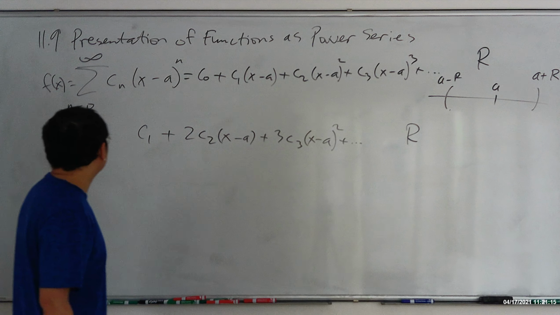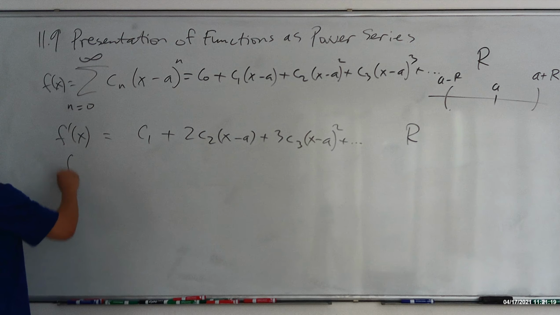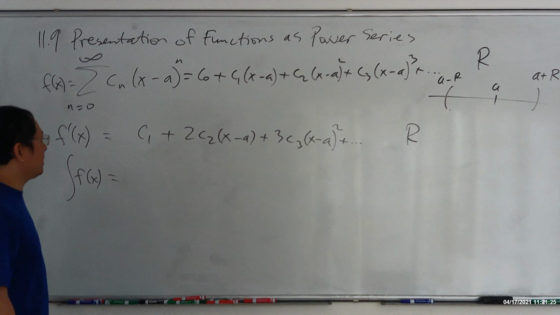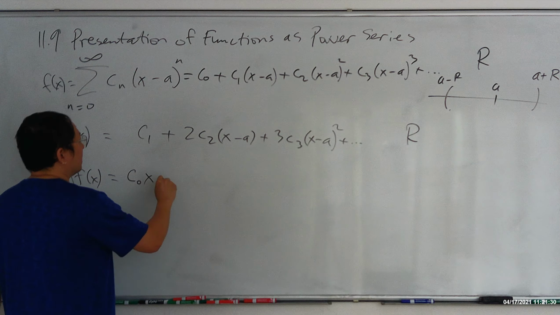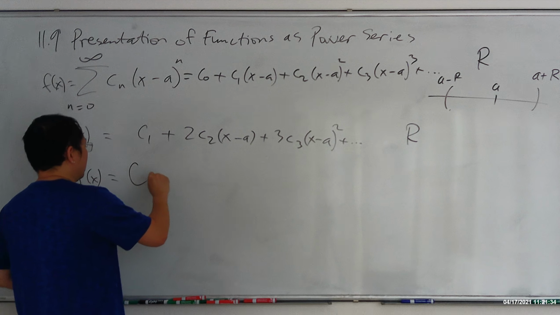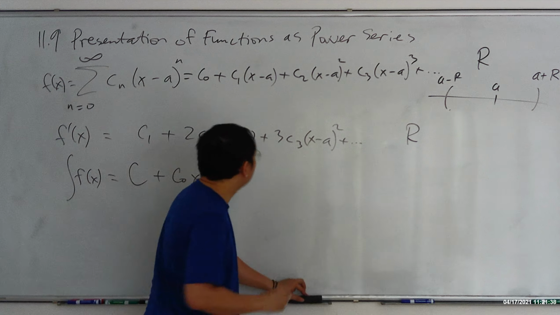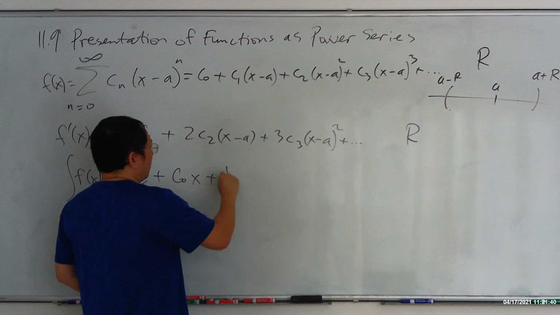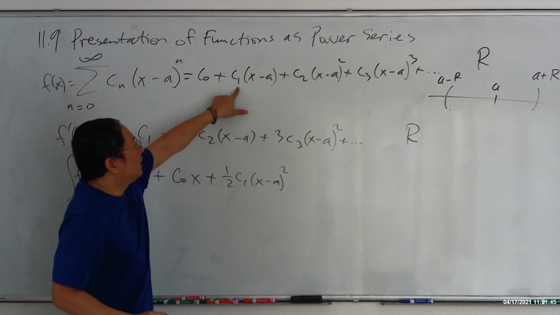Okay, same thing. And then not just taking the derivative, you can do what? Integral. So the integral of f of x. You can actually integrate the power series right here. You got what? Oh, I need to have a constant in front, right? Constant c plus what? C0 times x minus a plus what? 1/2 C1 times x minus a squared, because I integrate this, right?